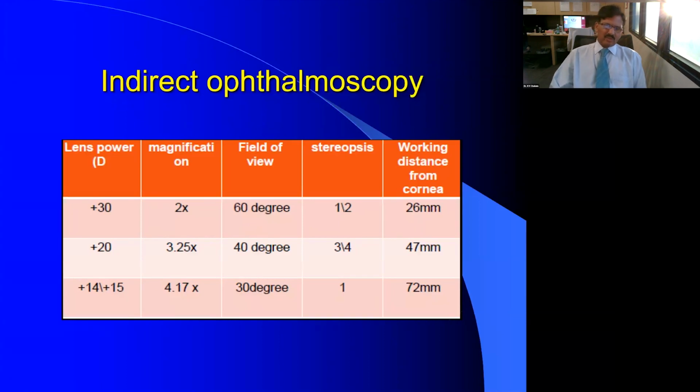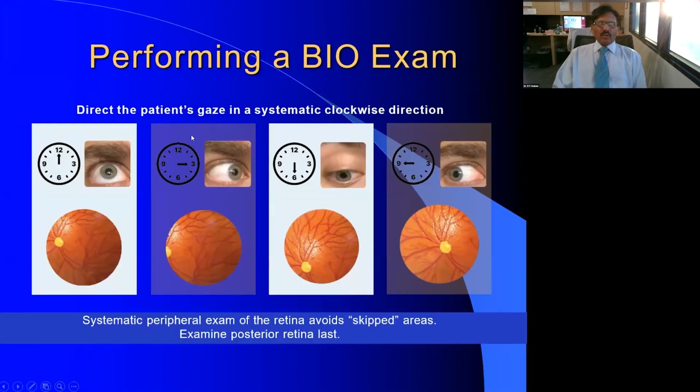Normally, when you put your 4 fingers stacked on top of each other on the forehead of a patient, you're in perfect visualization with the +20. Of course, the +30 is even easier to hold, but the image size is smaller, and so details may be difficult to view because of that. And then we are going to perform an indirect ophthalmoscopy examination in a systematic fashion.